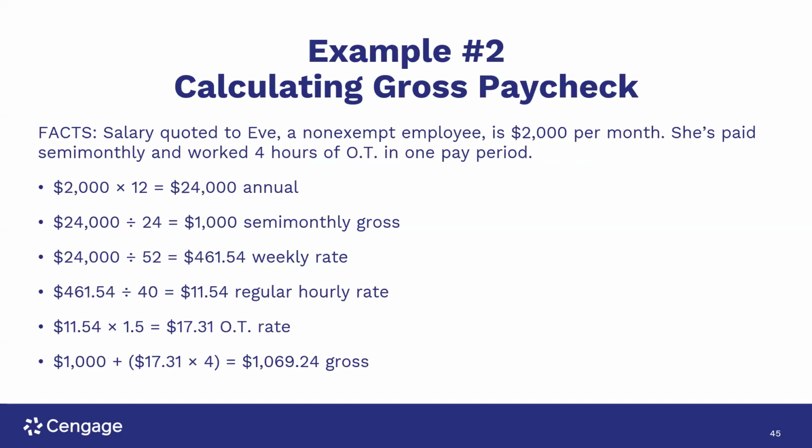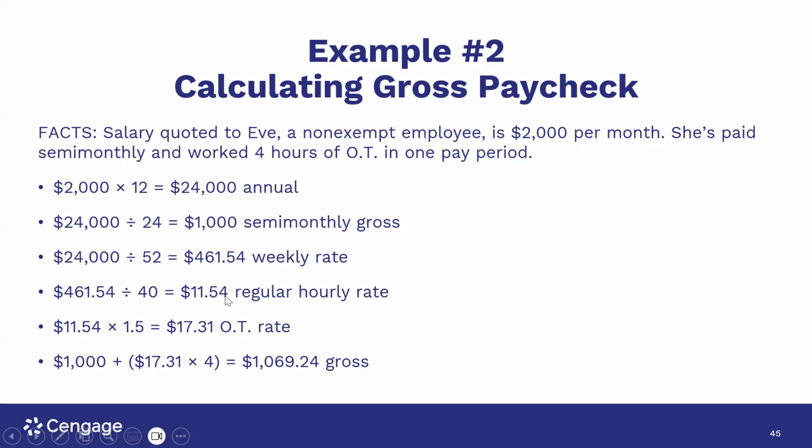And here's another example. Eve is paid $2,000 per month, which is $24,000 a year, and worked 4 hours of overtime in one pay period, so the regular salary would be $1,000 semi-monthly. However, the weekly rate is dividing the 24,000 annual by 52 to get 461.54 as the weekly rate.